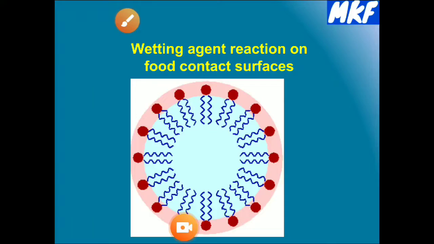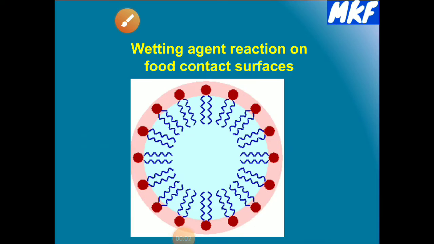Whenever we are applying the synthetic detergent, which is available in liquid form, on food contact surfaces, we have to apply and scrub the surfaces, and maintain the contact time, 10 minutes or 15 minutes depending upon the specifications. And in every industry, every facility, we have to validate the cleaning.